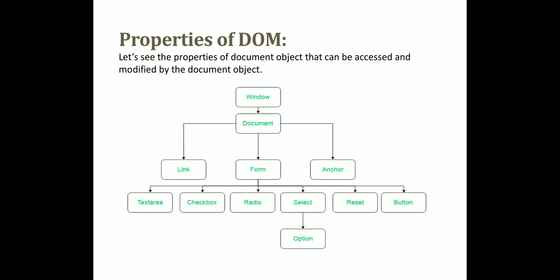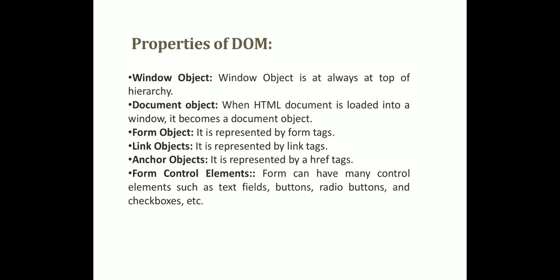Okay, so all these things are contained in the form element or form object. The form object has all the elements which are defined for the objects, like text fields, buttons, checkboxes. Okay, that I have already told you. So all these things are the properties of your document object model.